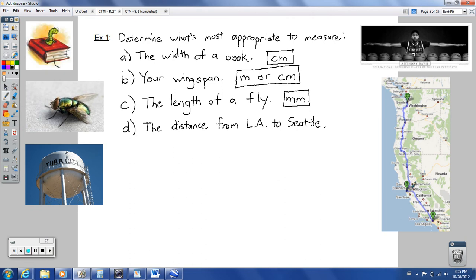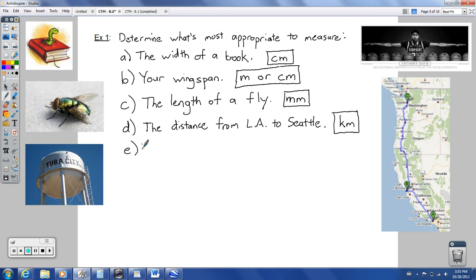What would be the best way to measure that using metric units? So miles, I would say, in the U.S. customary system, but kilometers is most appropriate in this case. You don't want to measure this in meters, or definitely not in millimeters. It's going to be a very long distance, so kilometers I think is most appropriate there.